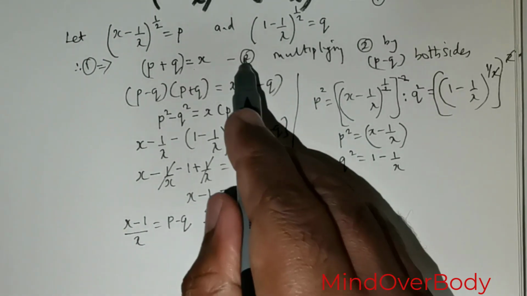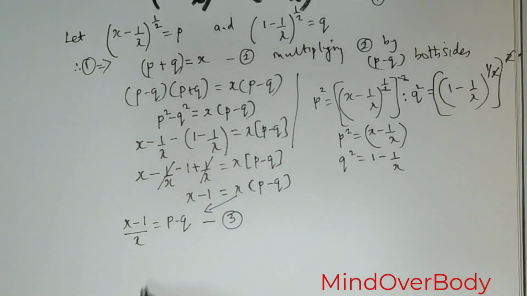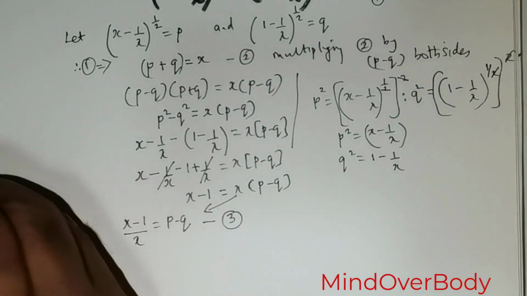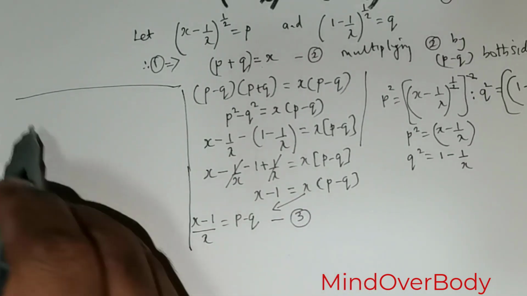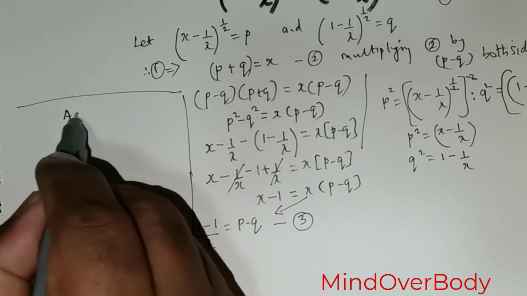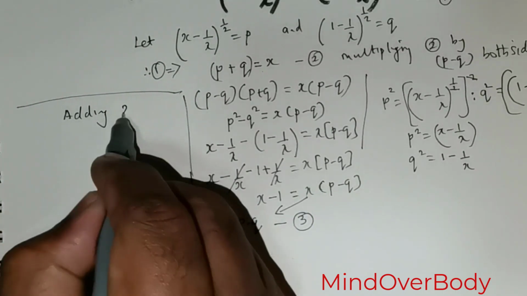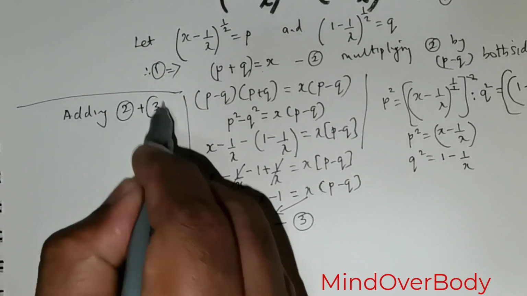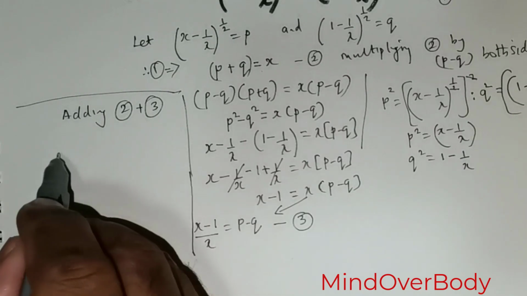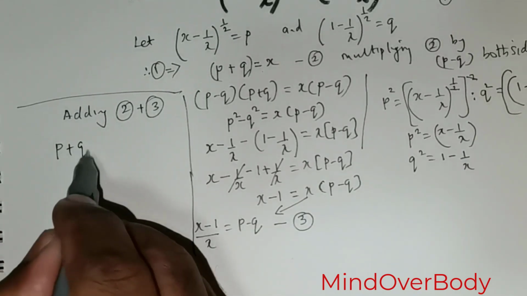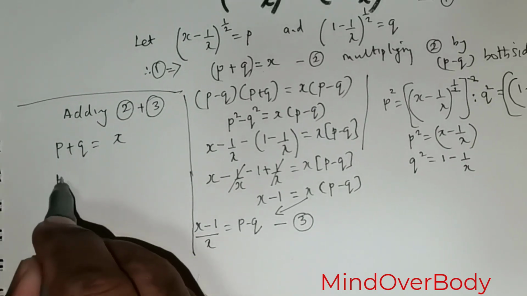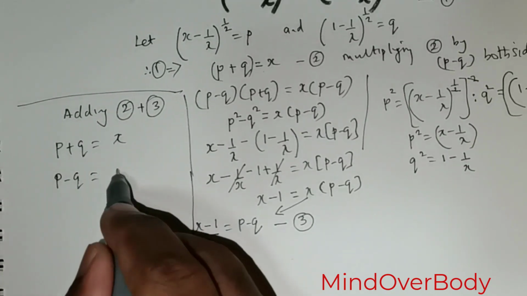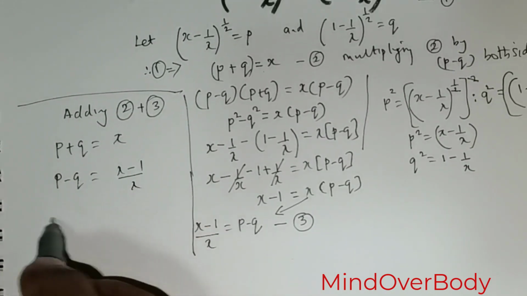I already have a 2 there. Now what I'm going to do is add 2 with 3. So let me write down the 2, which is p + q = x, and my 3 is p − q = x − 1/x.